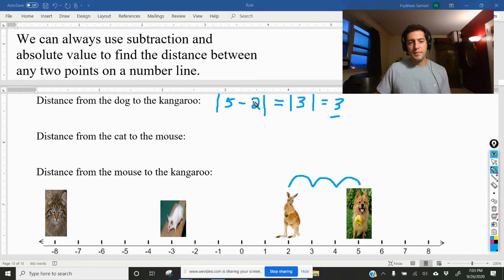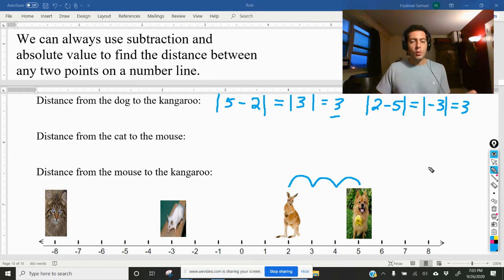If instead of 5 minus 2, I did 2 minus 5, and I took the absolute value, well, let's see, 2 minus 5 is not 3, it's negative 3. But remember, I'm taking the absolute value of this, and when I take the absolute value of negative 3, I still get the same answer that I got before, 3, right?